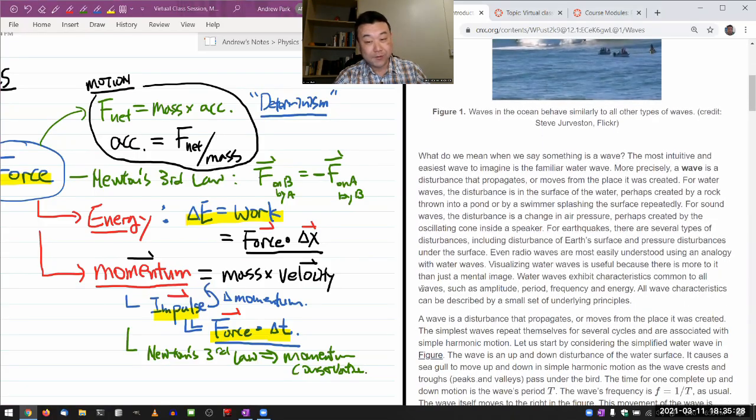You can even talk about waves of people, like in a stadium. I guess not these days, but more than a year ago, if you imagine going to a basketball game or baseball game or football game, sometimes you see these waves of people at the stadium, and you can describe waves like that in a mechanical way.